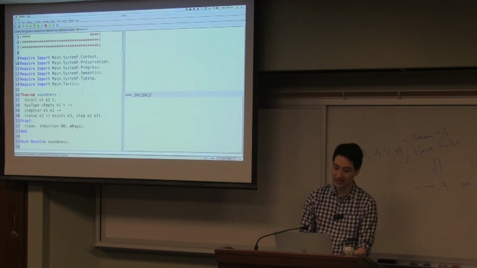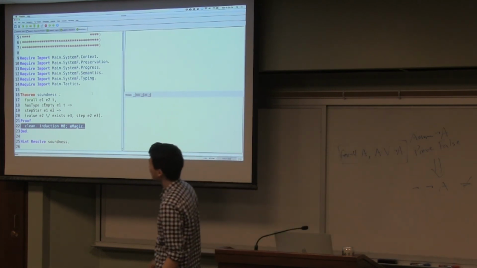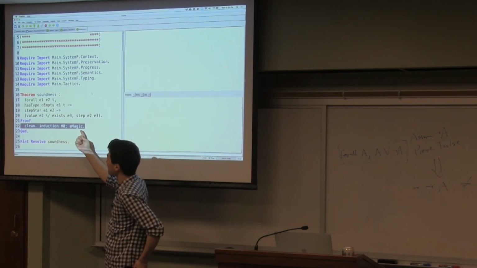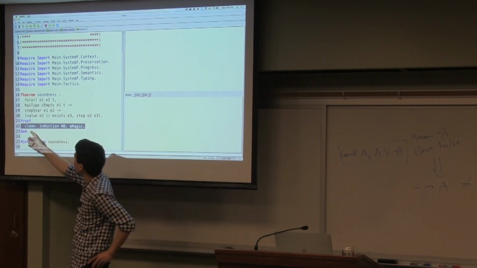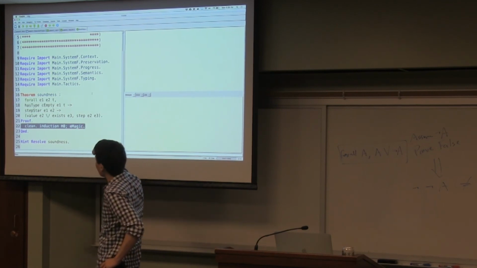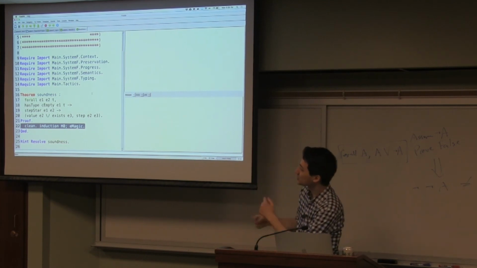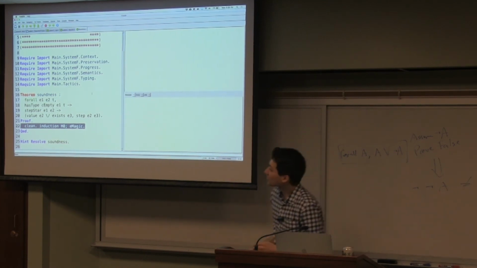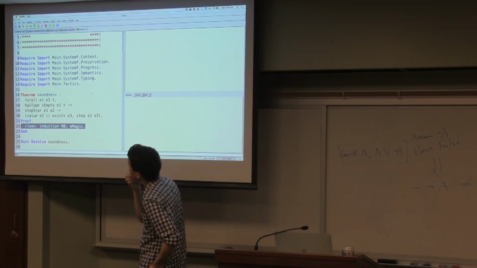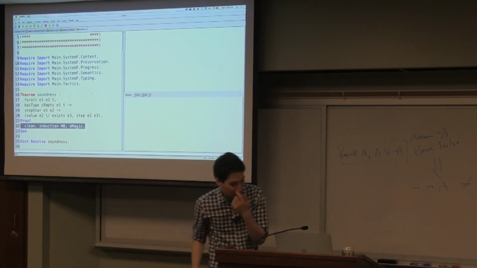I proved the soundness of system F here in one line, and there's so much going on under the hood. eMagic is a tactic that I defined. Clean is a tactic that I defined. Induction is the built-in induction. And eMagic refers to a database of hints that I've added for lemmas I can use to prove this. There's probably a couple thousand lines of code secretly invoked in here behind the scenes.